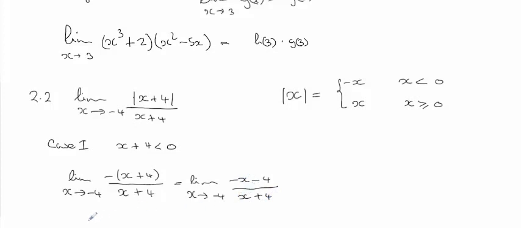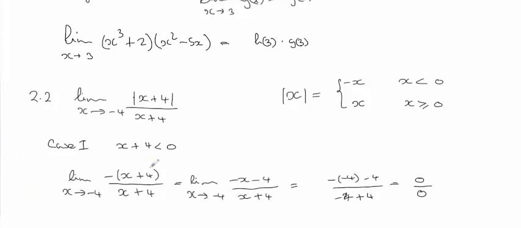Now substituting directly, this would give us minus (minus 4) minus 4 over minus 4 plus 4. In the numerator we get plus 4 minus 4, which is 0, and the denominator also gives 0, so 0 over 0, which is an indeterminate form.